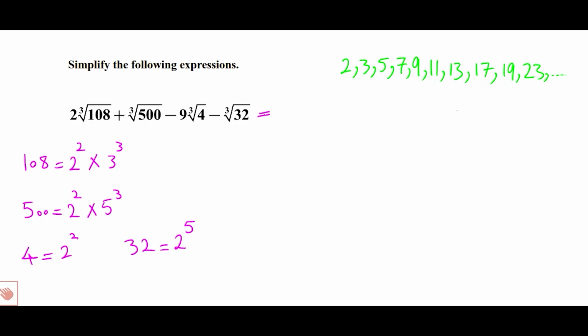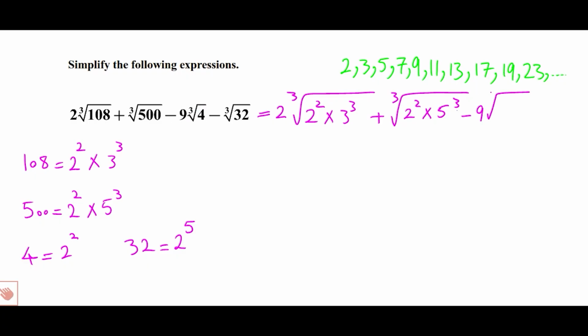So we can say the cube root of 108 is equal 2 squared times 3 cubed plus the cube root of 500 is equal 2 squared times 5 cubed minus 9 the cube root of 2 squared minus the cube root of 2 to the power of 5.